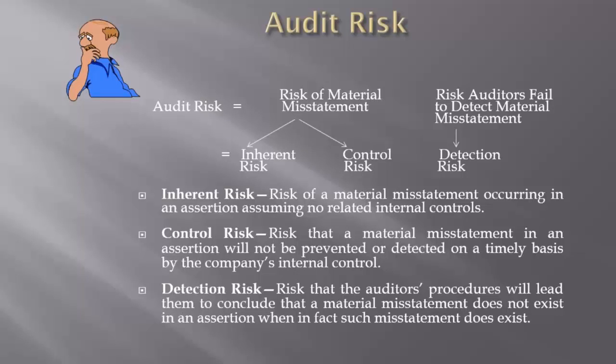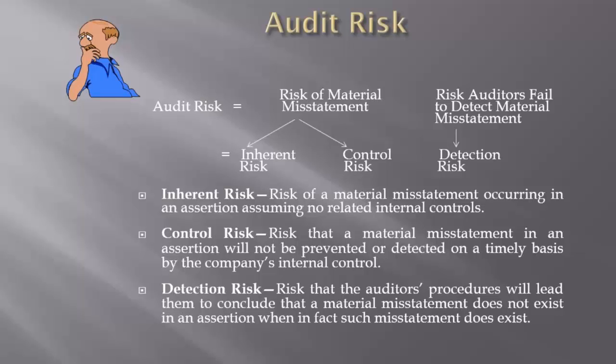So when we talk about inherent risk and control risk, we're talking about the risk of material misstatement. So in an inherent risk or control risk phase, as we are doing an assessment of the organization, we are doing our test of controls, and between these two items we are determining the risk.